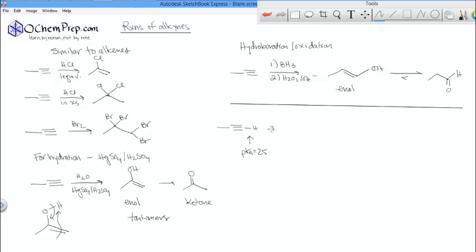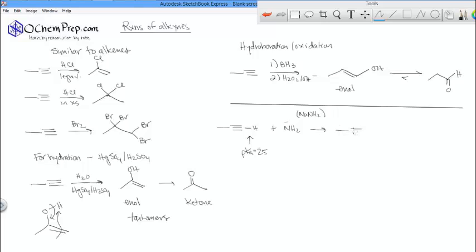But if I treat it with NH2 minus from sodium amide, which is our strongest base that we use in organic chemistry, at least the one that I use, what's going to happen is, let's do an acid-base reaction.